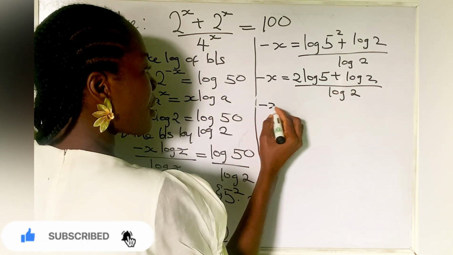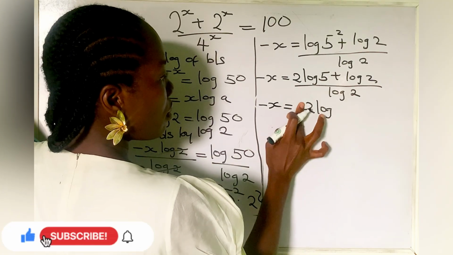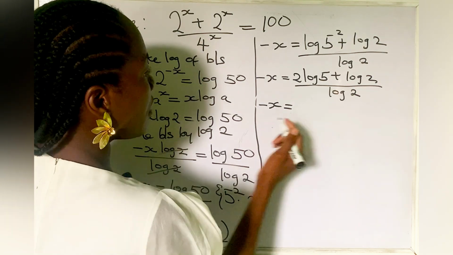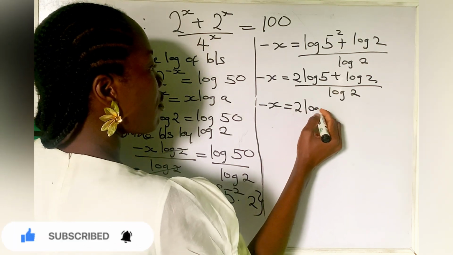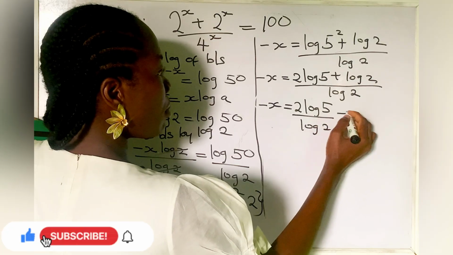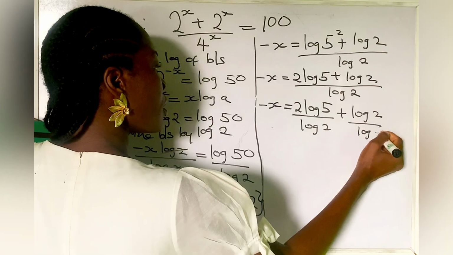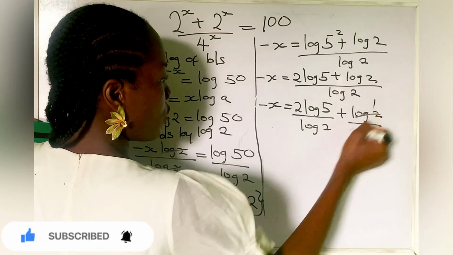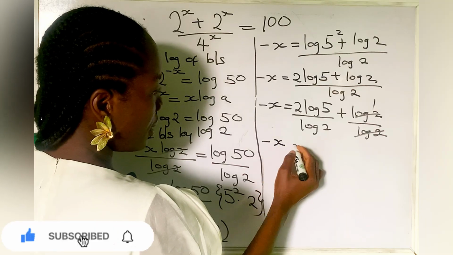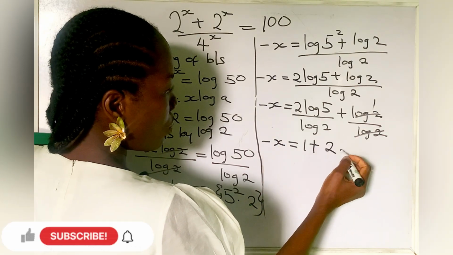So we have minus x is equal to, not minus 2, my bad, 2 log 5 over log 2 plus log 2 over log 2. So log 2 over log 2 will give us 1. All right. So now this is minus x is equal to 1 plus 2 log 5 over log 2.